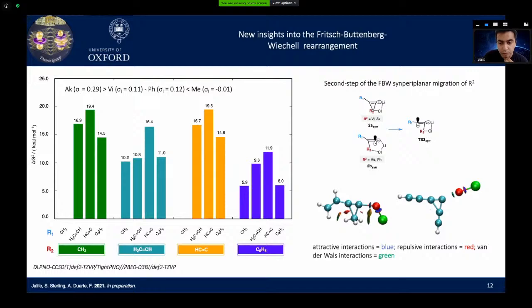But what I remember is that most of the interactions come from the migrating group rather than the stationary group. It can be like a remote control, and because here what we look at, this looks like conjugation, okay.